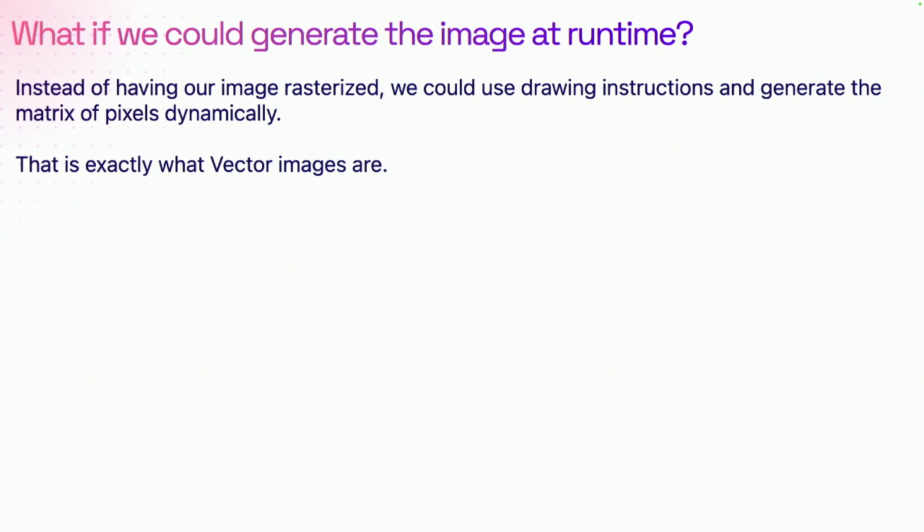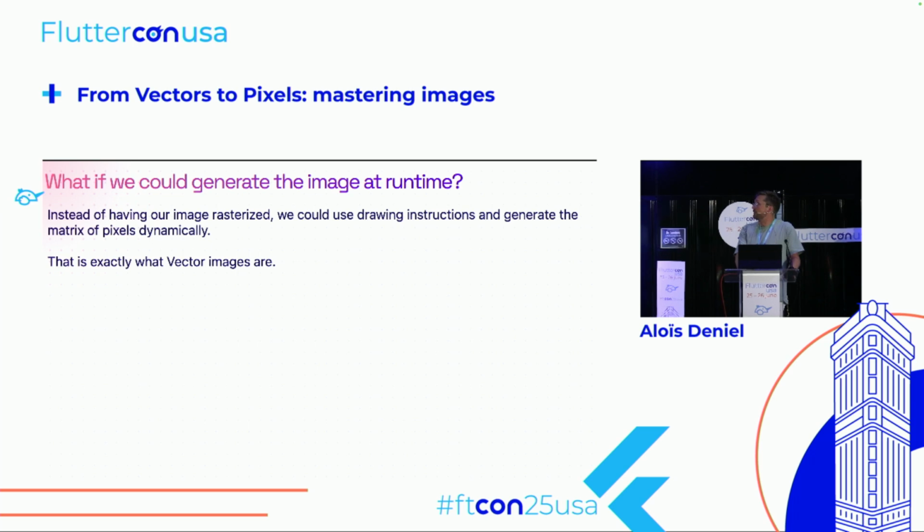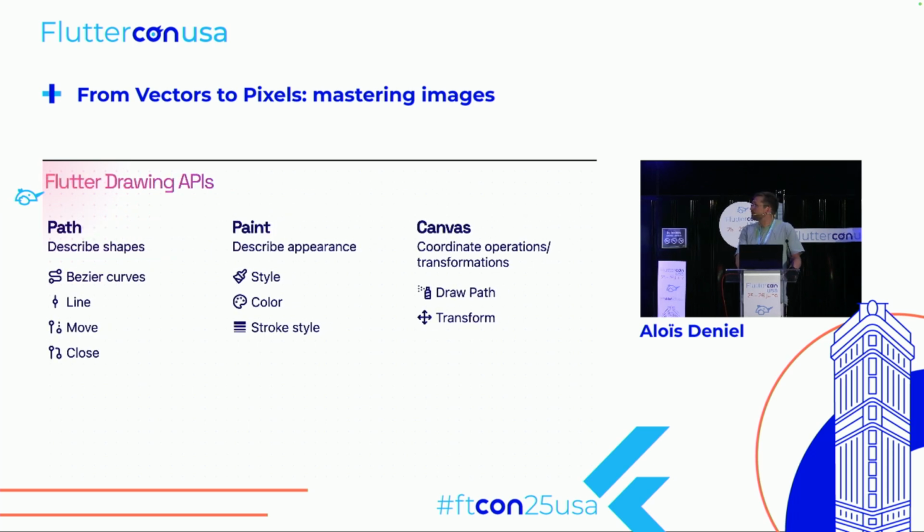So what if we could generate our image at runtime instead of trying to modify an existing image? That's actually what vector graphics images are. And Flutter provides drawing APIs to generate visuals out of nothing, just by calling APIs. So you have the Path API, which allows you to describe how to draw a shape on the screen.